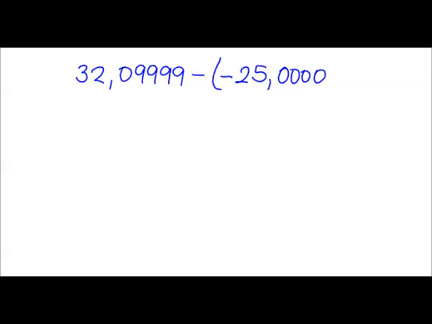Let's look at the next one. You've got 32,0 and 4 nines minus negative 25,4 zeros and a 1. Why have I given you that example? What did we say? We can't have two negative signs together. A negative multiplied by a negative is positive.